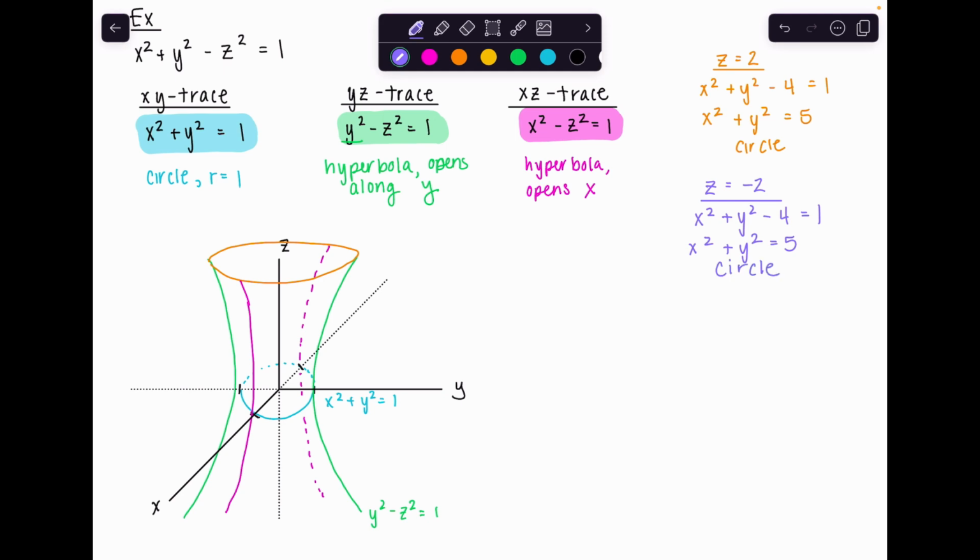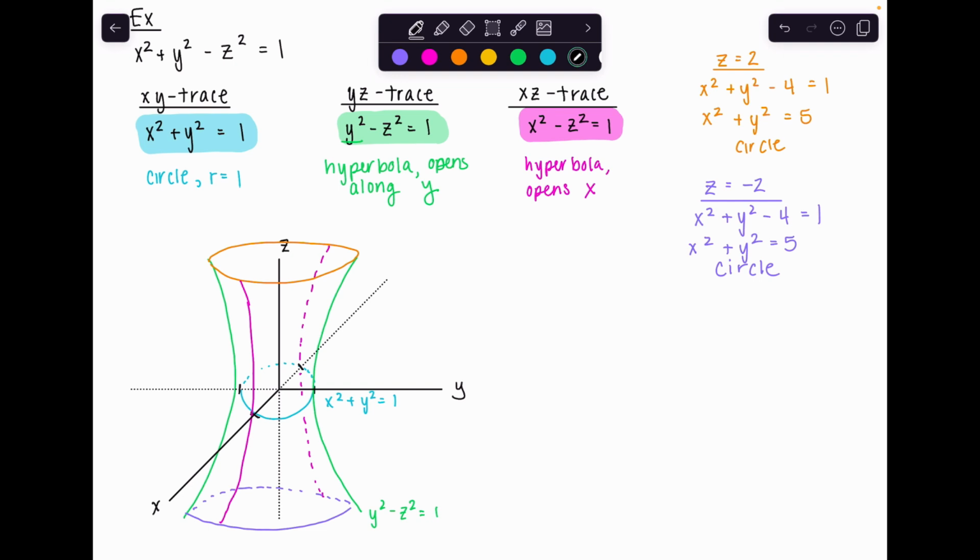So that means down here, this shape is a circle. So again, it just gives you a more complete picture when you're drawing the top and bottom of this as well. So the shape, what you can see is it involves hyperbolas.